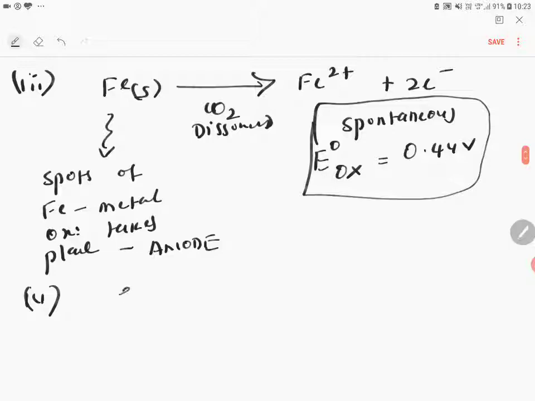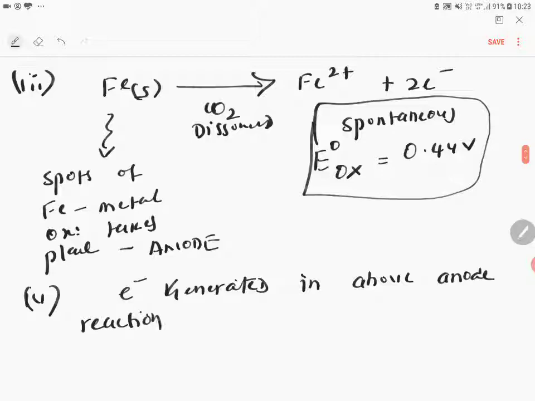The electrons generated in the above anode reaction are taken up by H plus. In the carbonic acid, H plus will ionize. These H plus ions, decomposed by carbonic acid, are present on the metal surface.